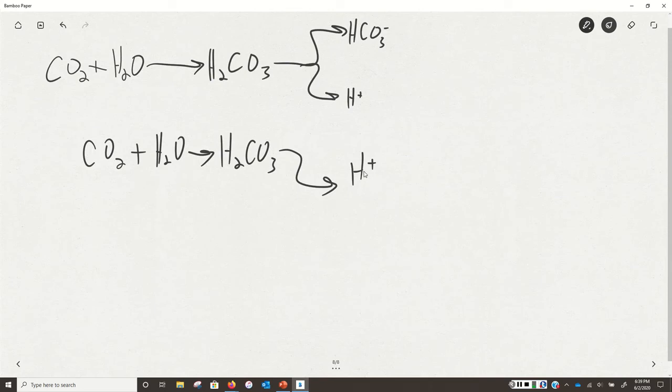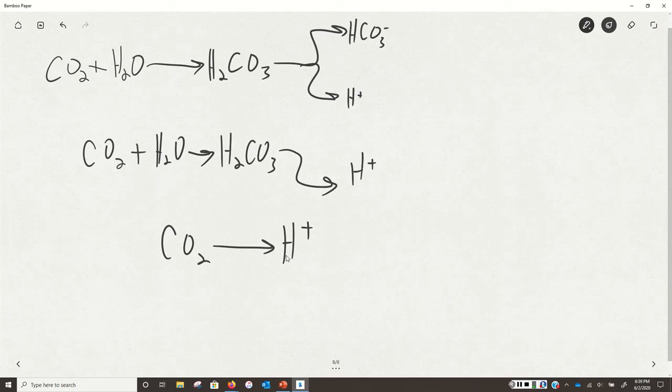So I'm going to streamline this a little bit more. CO2 leads to H+. Now that's not saying all of this other stuff doesn't happen. What this is doing is condensing it down and saying, for every carbon dioxide that we start with, we produce an H+.